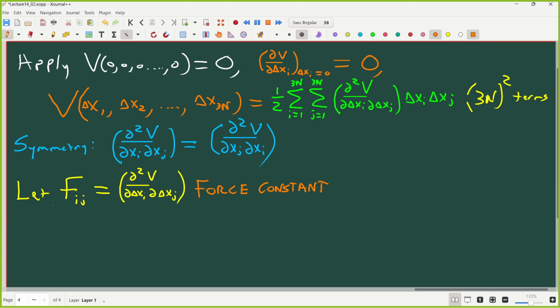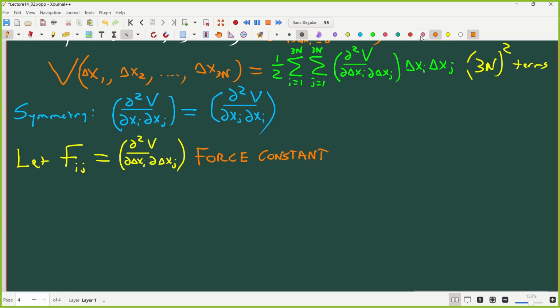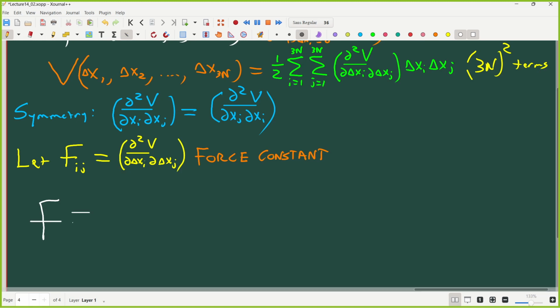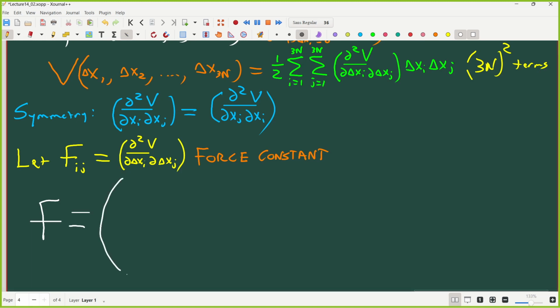So if I were to write a big matrix of all the force constants, right? So we have this big F matrix here. It's going to be a big honker.